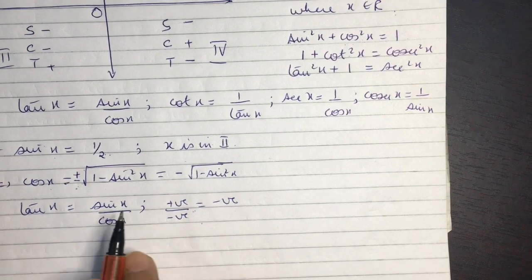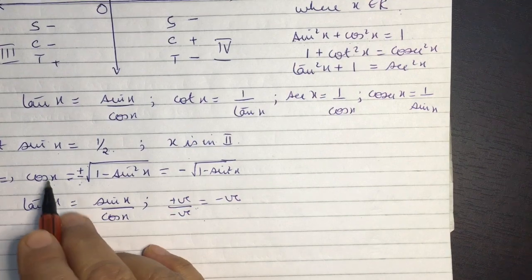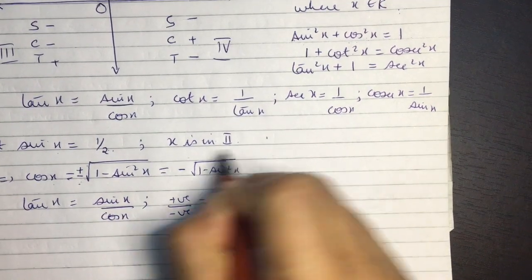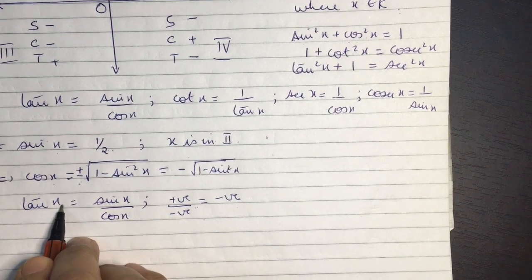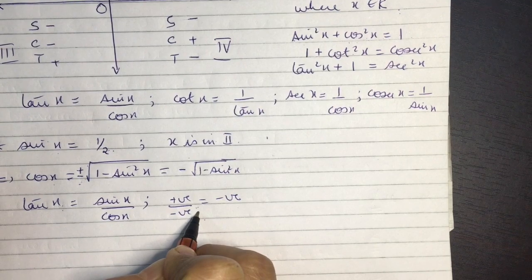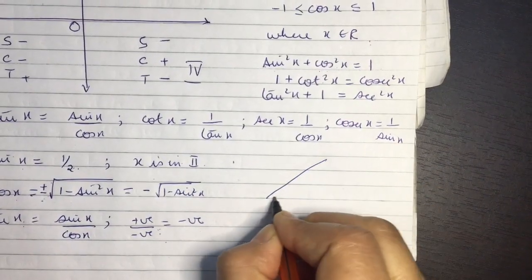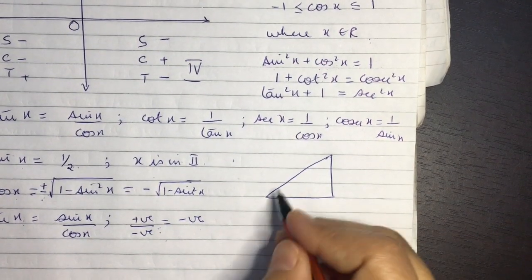And similarly you can find the remaining 3 trigonometric functions as inverses of the corresponding 3 trigonometric functions. Okay, this is one way. Another way, which is a much simpler way, is using the Pythagorean triangle or Pythagorean triplets.